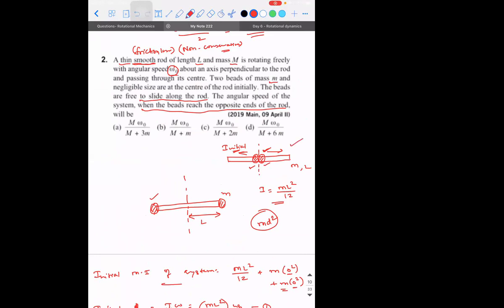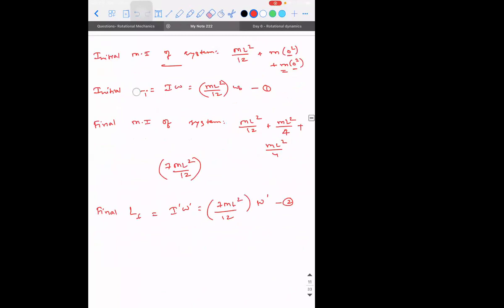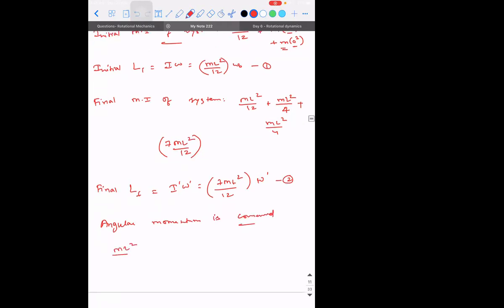Just because the rod started rotating, the beads went to the extreme points. So when that is happening, I can say angular momentum is conserved because there is no external torque. So ml square by 12 into omega naught is equal to 7 ml square by 12 into omega dash. Ml square by 12, ml square by 12.